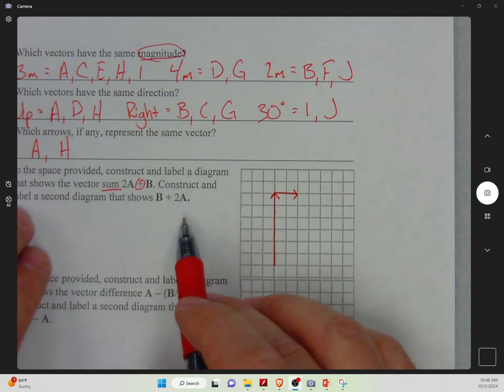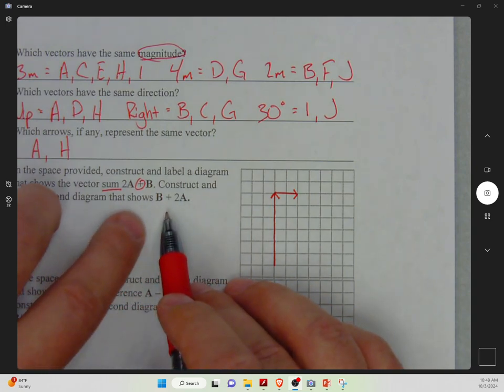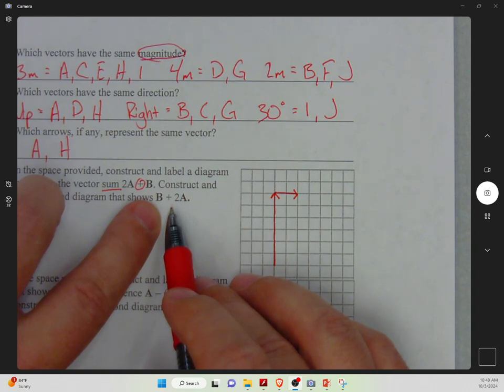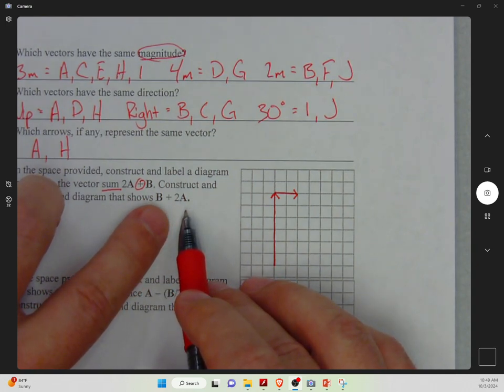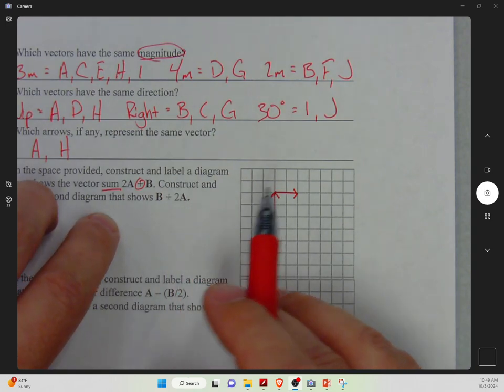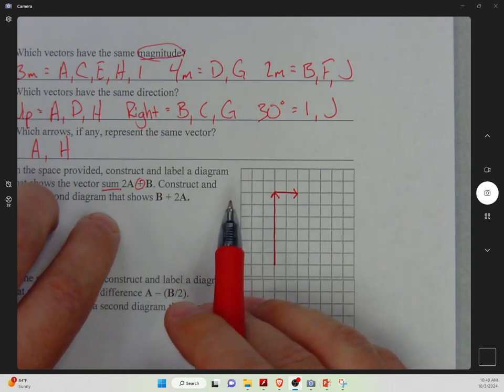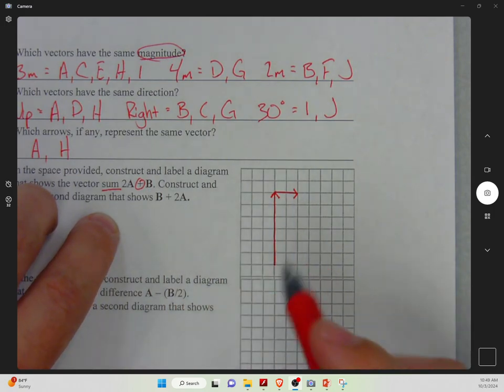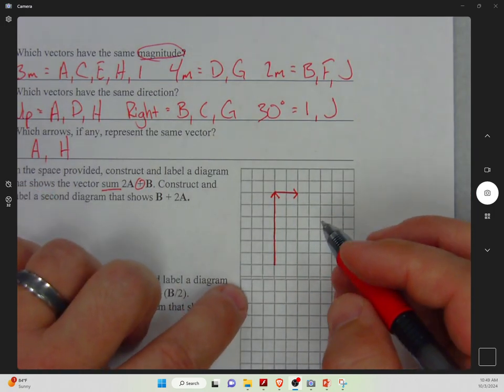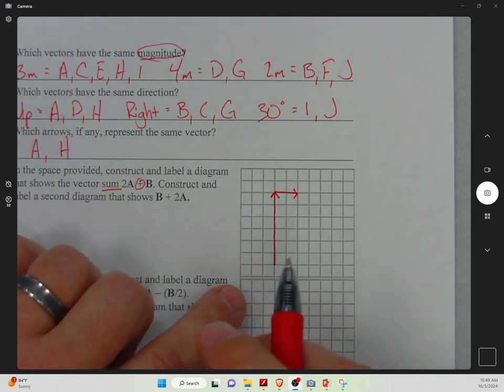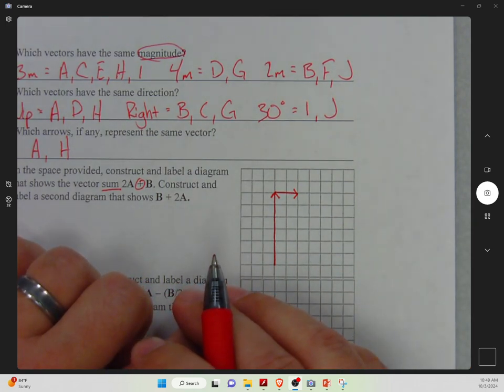Construct and label a second diagram that shows B plus 2A. Well, don't these end up being the same things? There you go. They end up in the same place. That doesn't mean they're the same vector diagram.